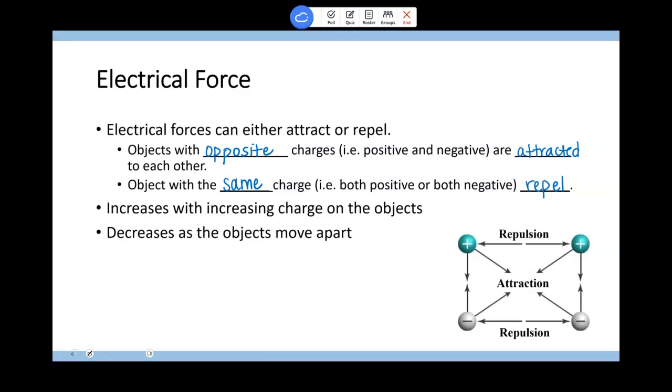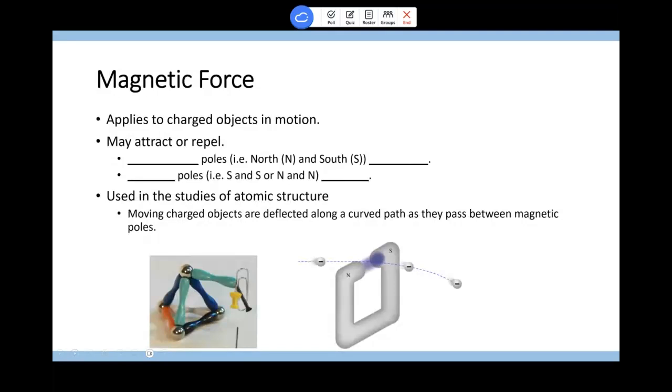So electrical force, and then pretty similarly, we have magnetic force. This is applicable to charged objects in motion. So if we have a charged particle in motion that then is exposed to a magnetic force, that can impact the trajectory of that particle. So magnetic forces can attract or repel if we have opposite poles.